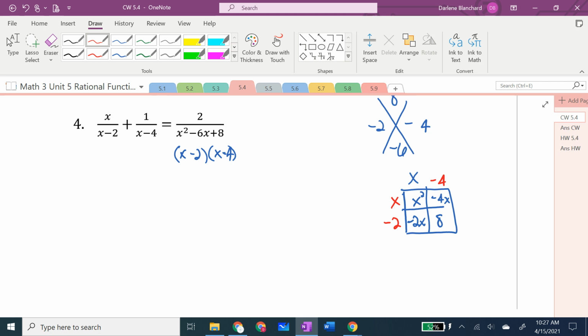All right. So what is the least common denominator? Do you see that that's going to be x minus 2 times x minus 4?